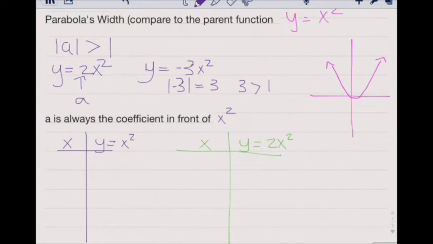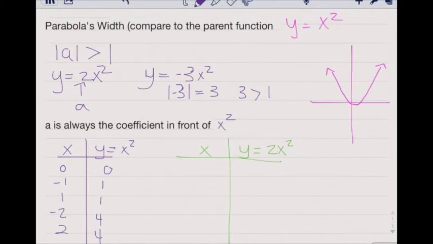So, in the first case, let me do 0, negative 1, 1, negative 2, 2. 5 values. If I put in 0 for x, I'm going to get out 0. Negative 1 will give me 1. Putting in negative 1 for x squared will give me 1.